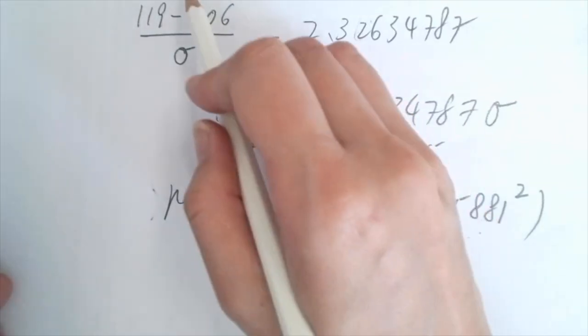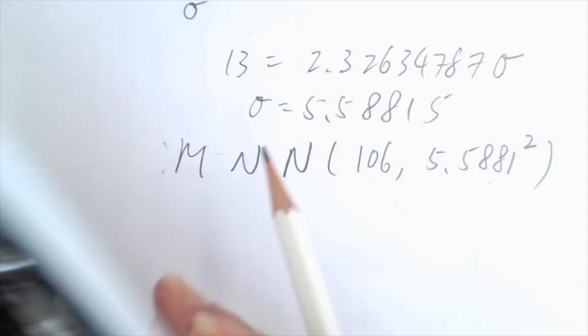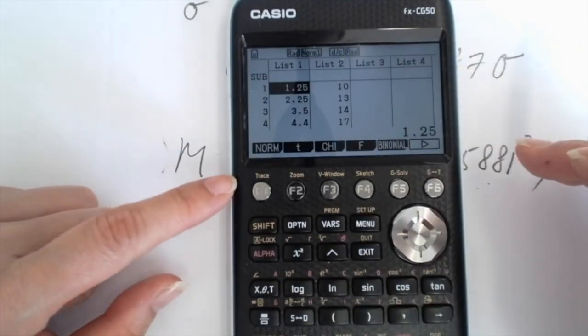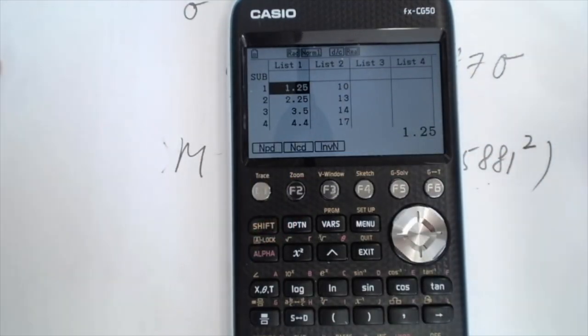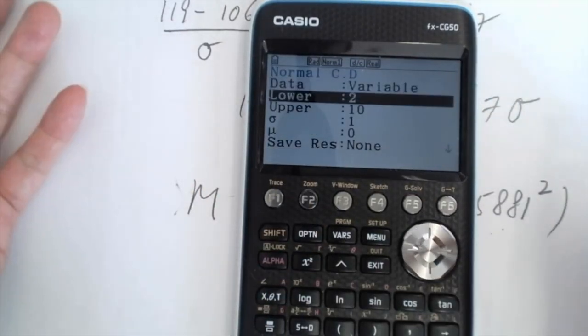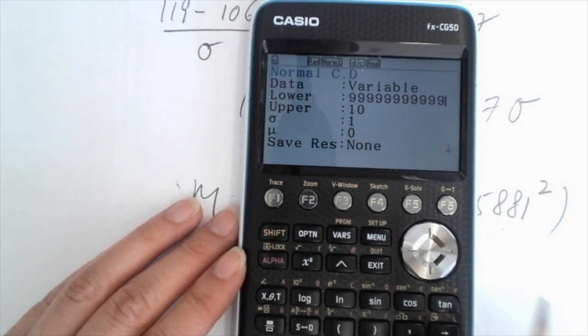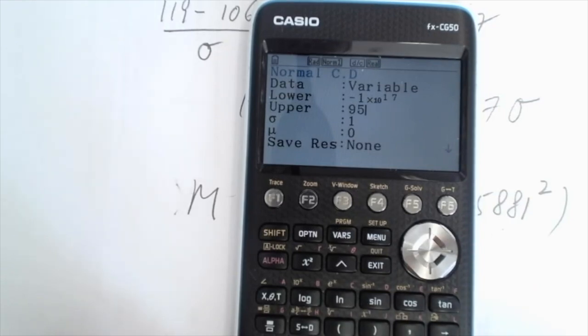Now we need to find 95. So now we're going to do it. Manual, statistics, normal distribution. Because it's smaller than 95, the lower bound could be any number, to relieve some stress, negative 9999, a very small number. And then the upper bound is up to 95.